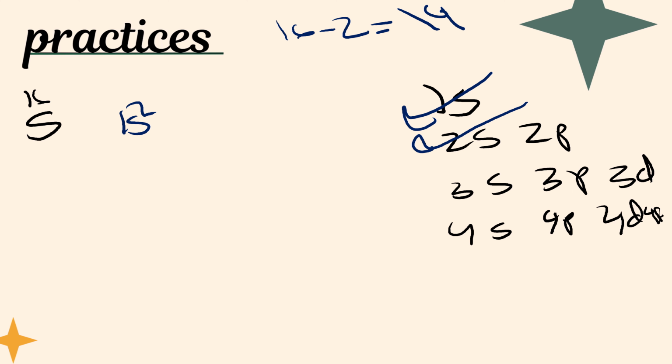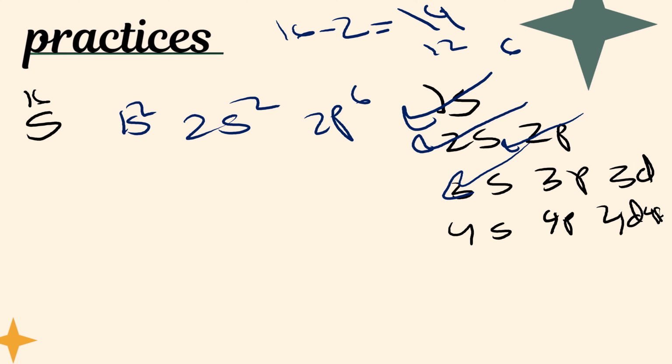Then 2s2, leaving 12, and then 2p6, which takes away 6 more, then 3s2, and then 3p4. So this is the electron configuration of sulfur.